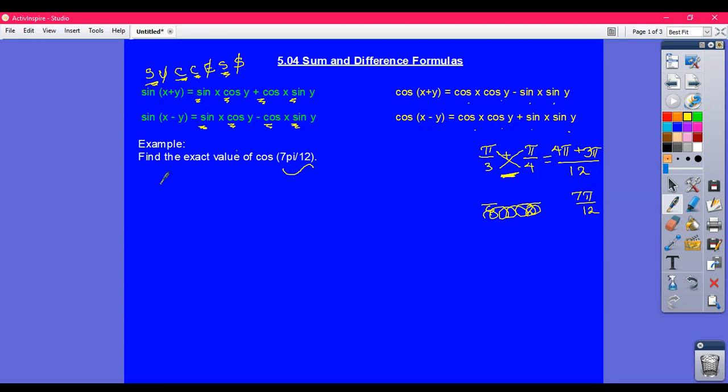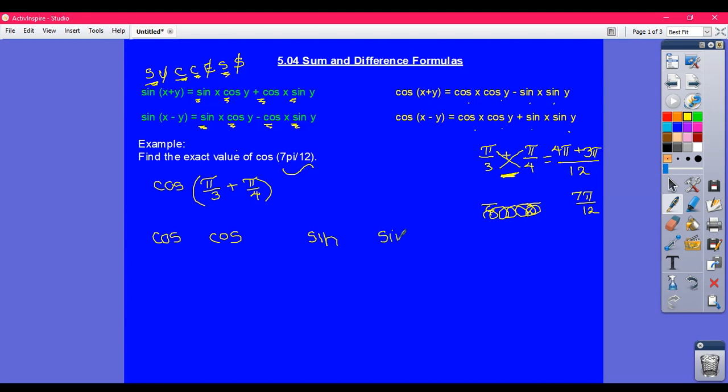And to find the exact value of cosine 7 pi over 12, I'm going to replace the 7 pi over 12 with the two angles from the unit circle, which is pi over 3 plus pi over 4. So the first angle is x, the second angle is y. So using the sum formula, it states cosine, cosine, sine, sine.